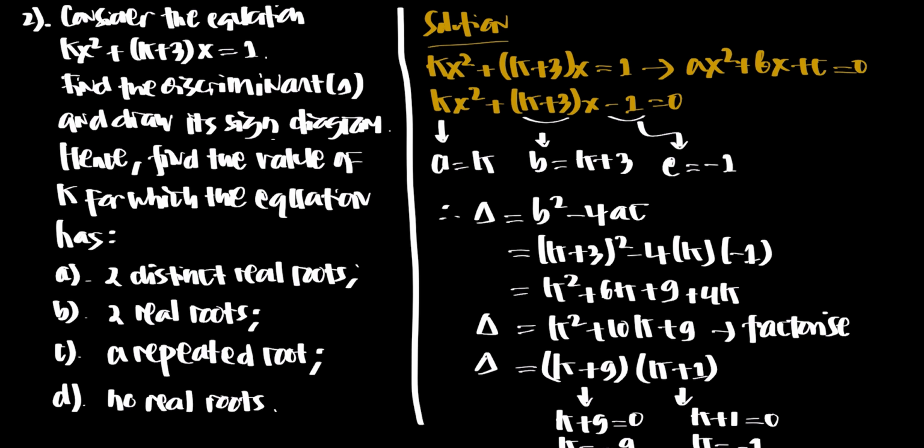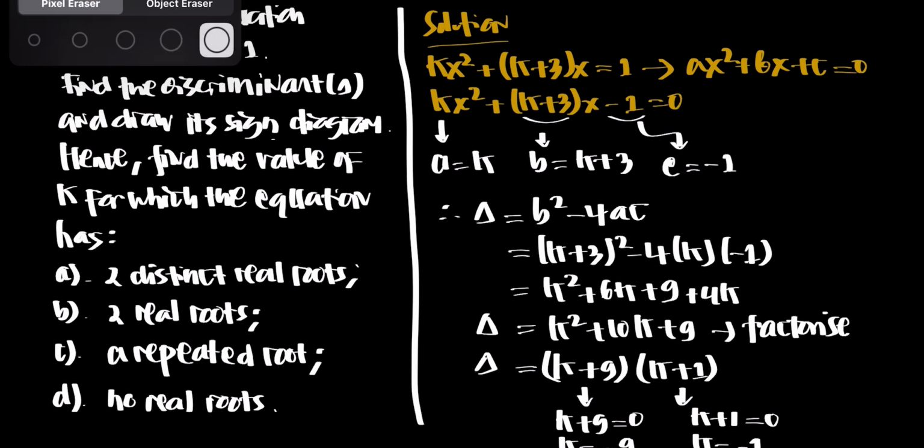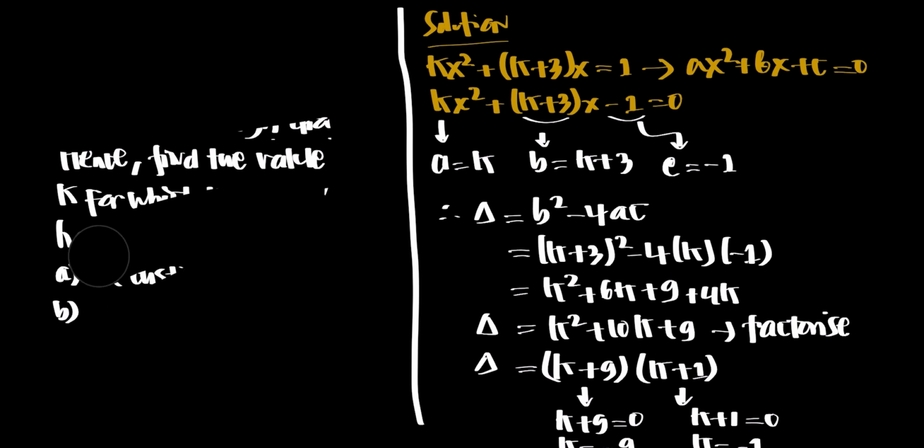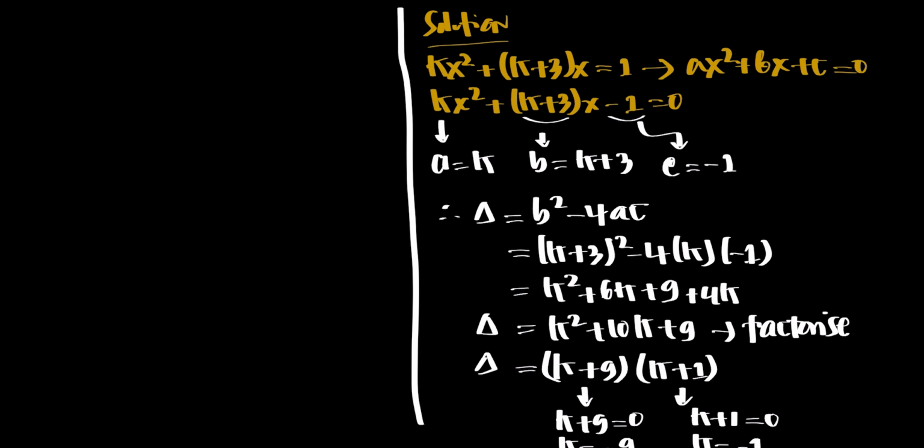Okay, now we got this. So then we have to apply it into the sign diagram. Let me try to put it into the sign diagram by looking at the result. So the delta has a sign diagram or sign chart.